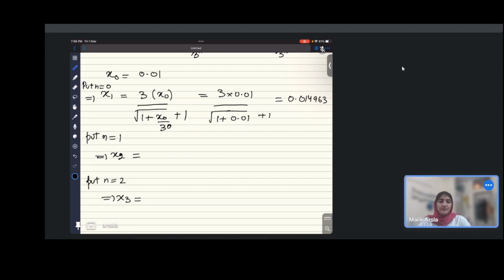Guys, fast. 0.022416. Yeah, x2 is 0.022417. That is correct, Gifty. And what is for x3? Others also try to find it fast.